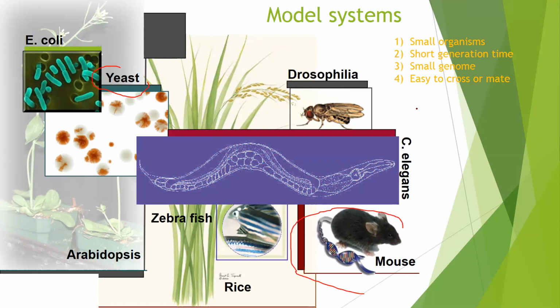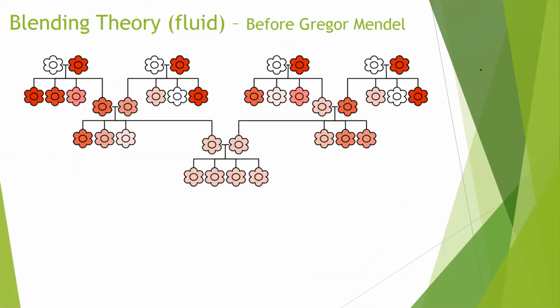The common features of a model system are that it needs to be small, because it's easy to handle in the lab, the generation time should be short, it should be easy for us to cross or mate those animals or plants, and they need to have a very small genome, because otherwise it's too difficult for us to study those organisms.